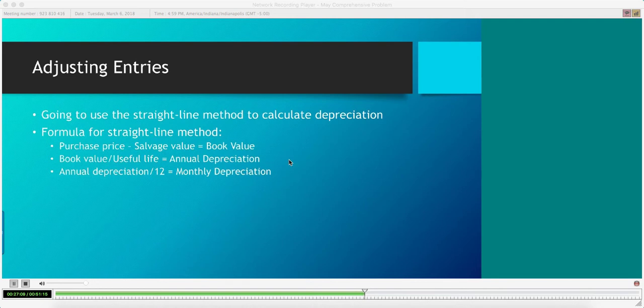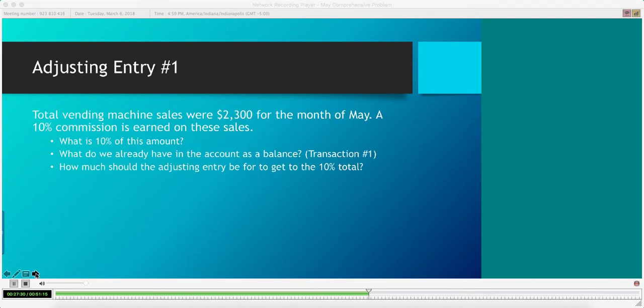But for the purpose of this project and most businesses, the accounting periods run monthly. So you would divide by 12 to find the monthly depreciation. So it's a pretty straightforward equation that we need to use.